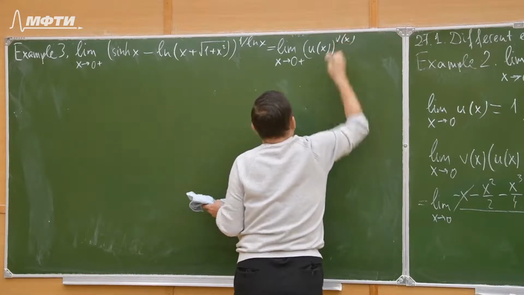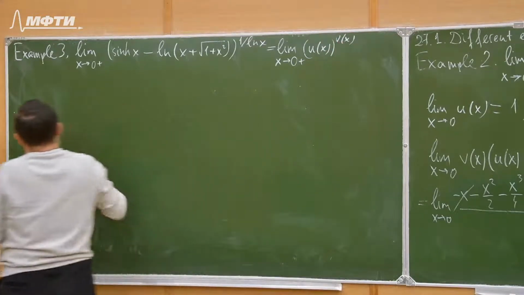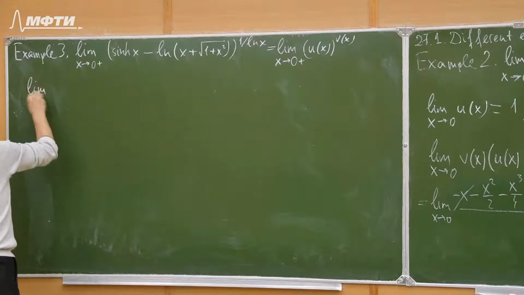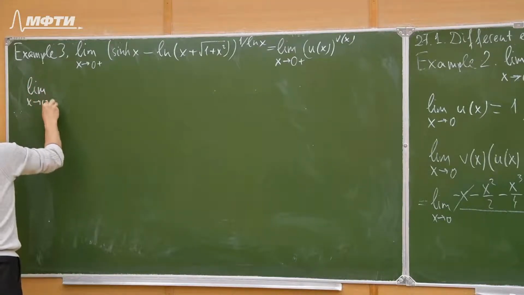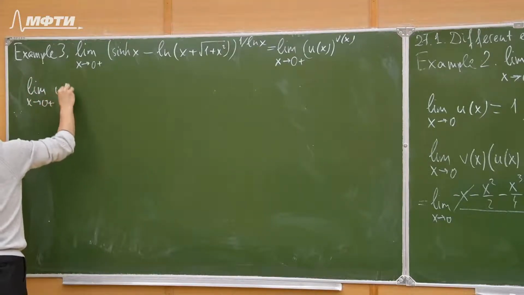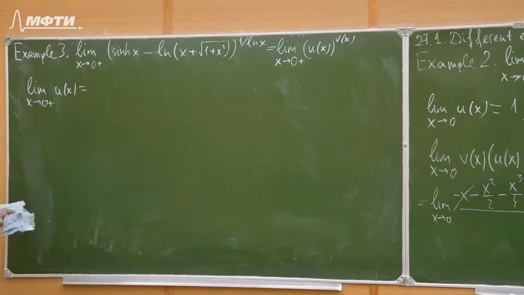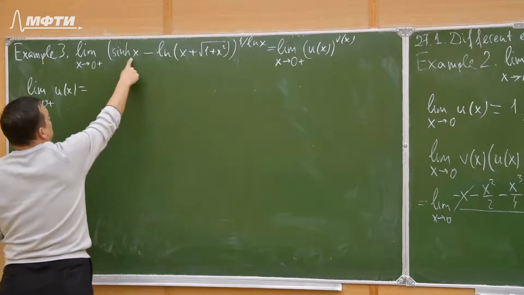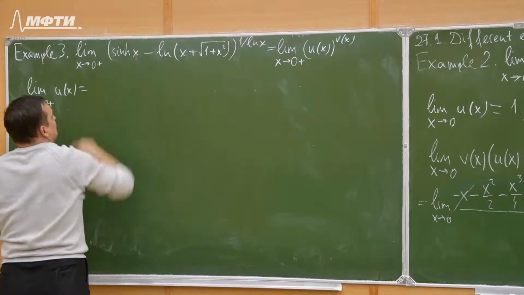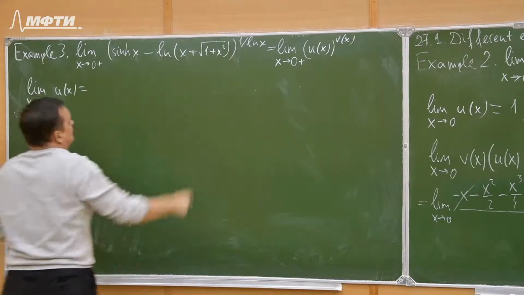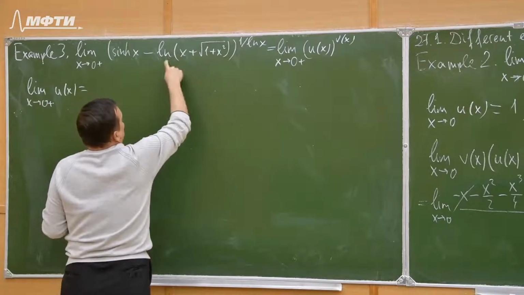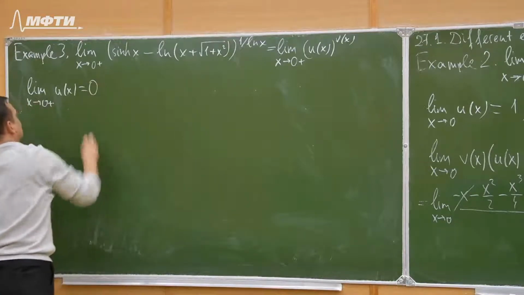Here, once again, we have the limit of the form x tends to 0 plus u of x power v of x, but if we compute the limit of u of x, that is, look, 0, sine hyperbolic of 0 is 0, logarithm 1 is 0, so it's 0.